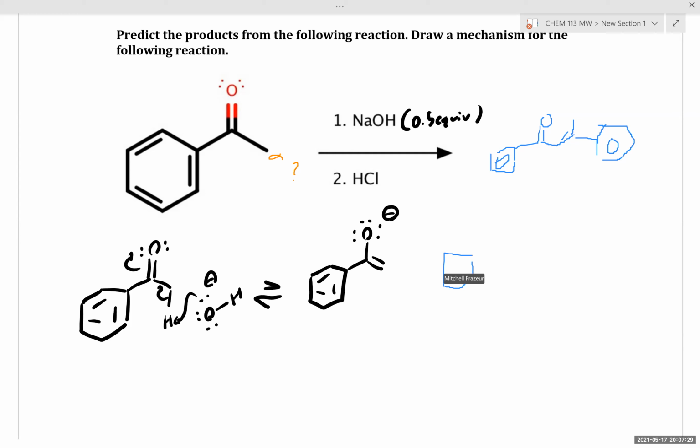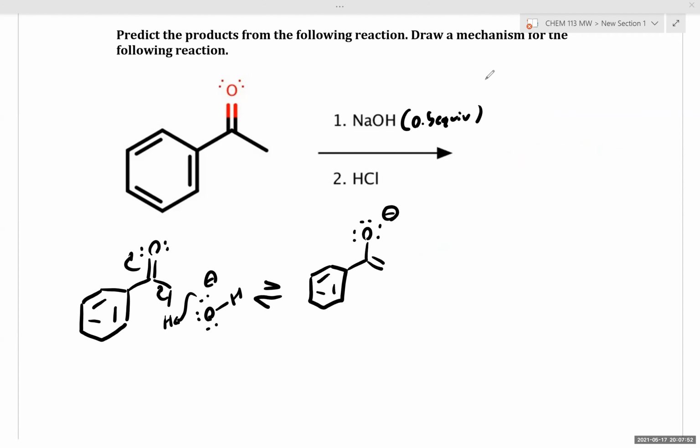So once we have this enolate, it is nucleophilic and can attack electrophilic species such as our ketone or aldehyde. So in this case, our nucleophilic enolate will attack our electrophilic ketone to generate our aldol product.